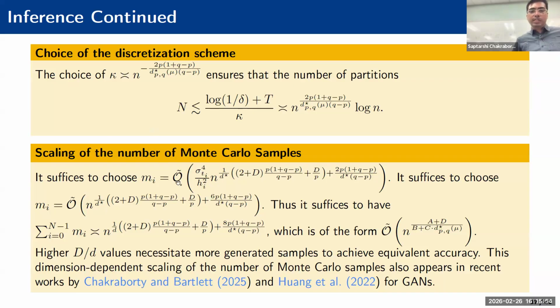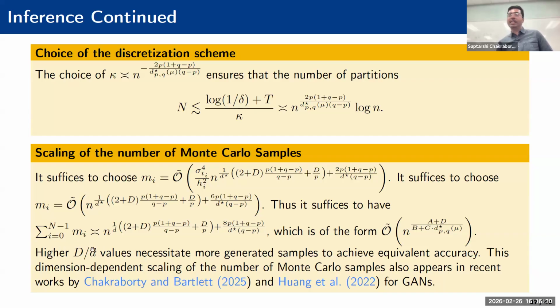And also for the number of Monte Carlo samples, what we can show is that the total number of Monte Carlo samples, if you choose everything nicely, scales like this. So this is A plus capital D over this B plus something times the intrinsic data dimension. This is something that we also observe in GANs, and other people also observe for GANs, that the number of Monte Carlo samples, in terms of the exponent of n, scales with capital D over small d.